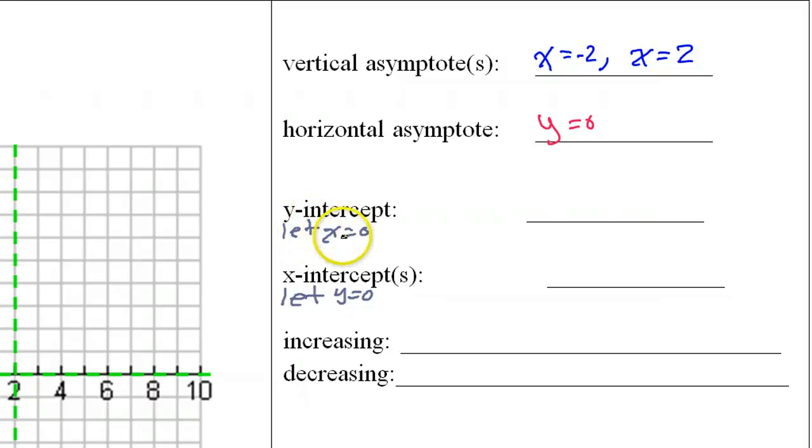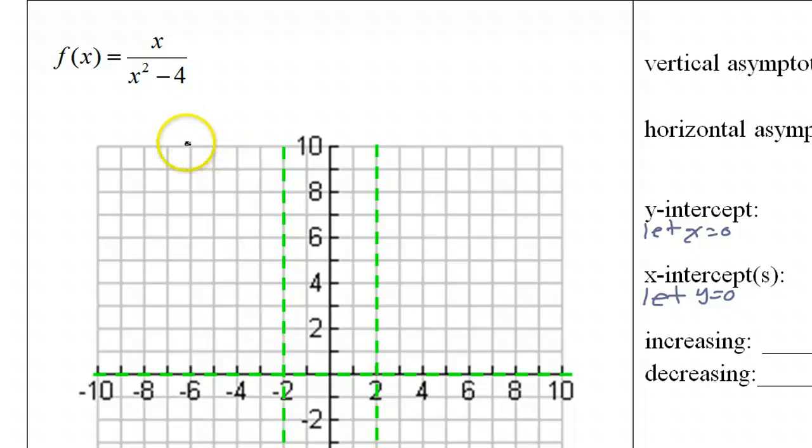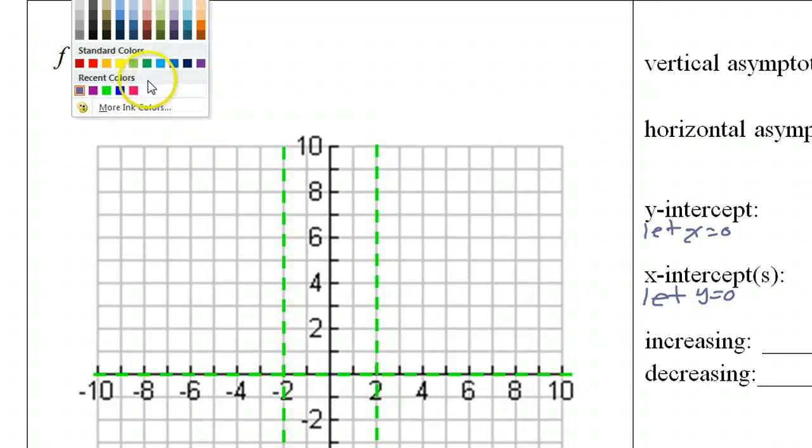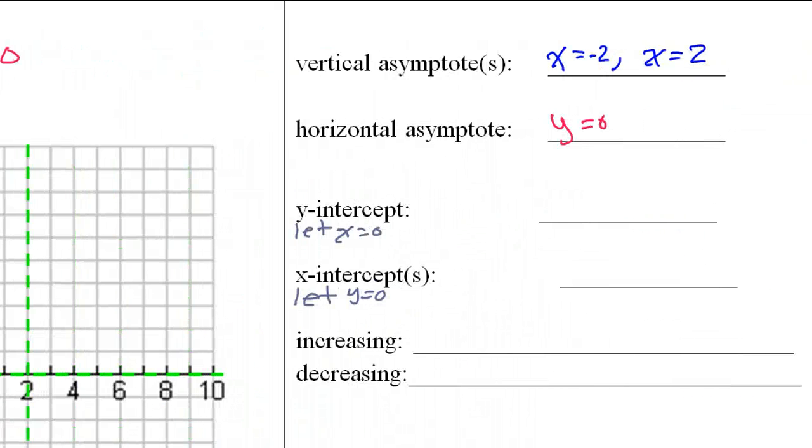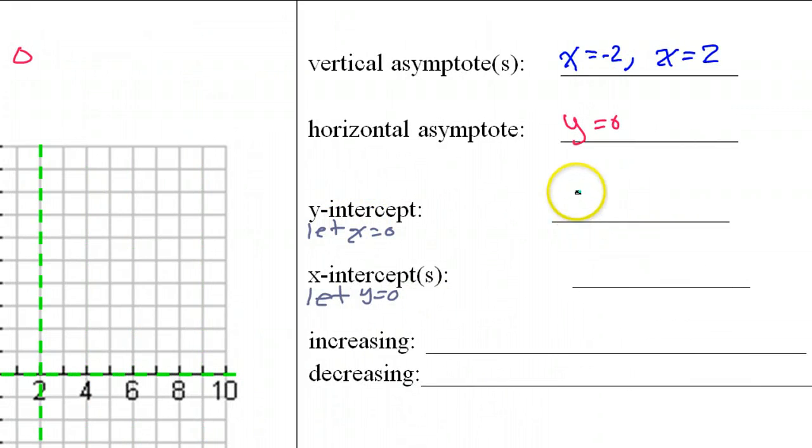So for the y-intercept, I'm going to substitute 0 for x. That would be like putting a 0 right here and here. So that would just be 0 over negative 4, and 0 divided by anything is 0. So that means my y-intercept is (0, 0).